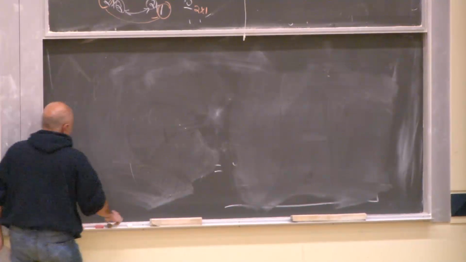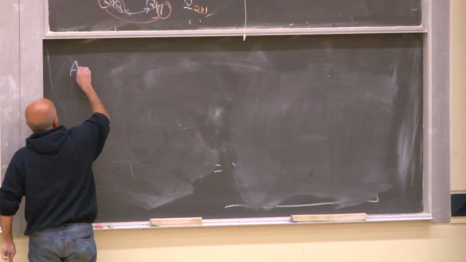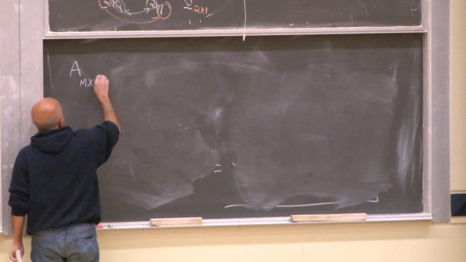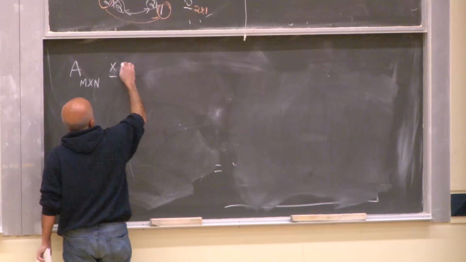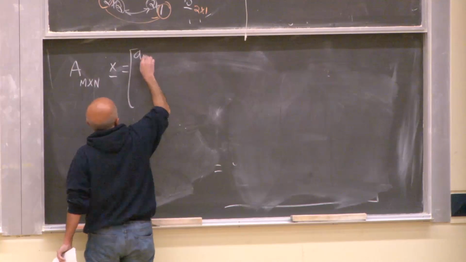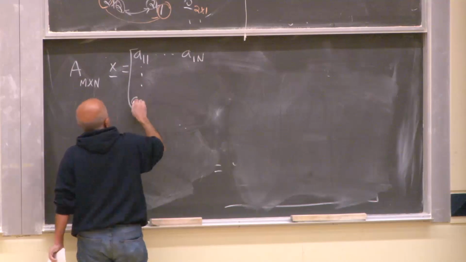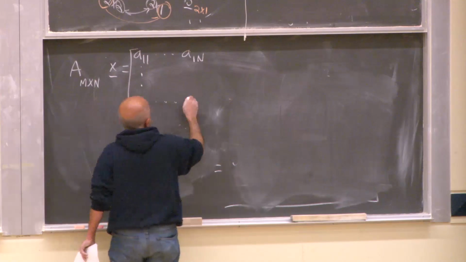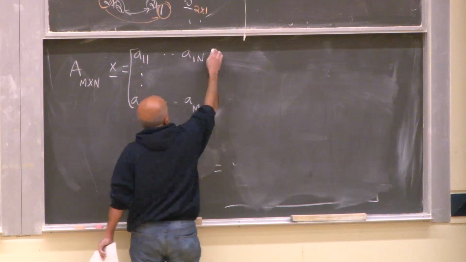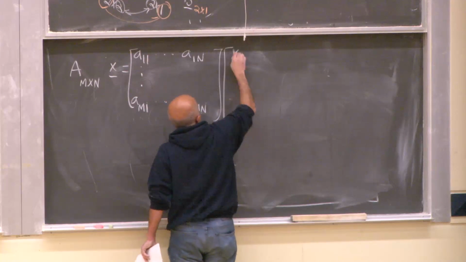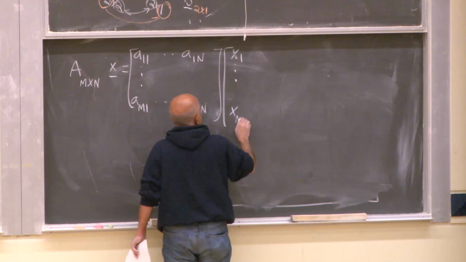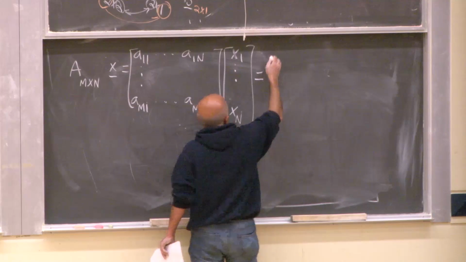Okay. In general, if I have an m by n matrix multiplying an n vector, what I have is A11 through A1n and AM1 through AMN, multiplying x1 through xn.